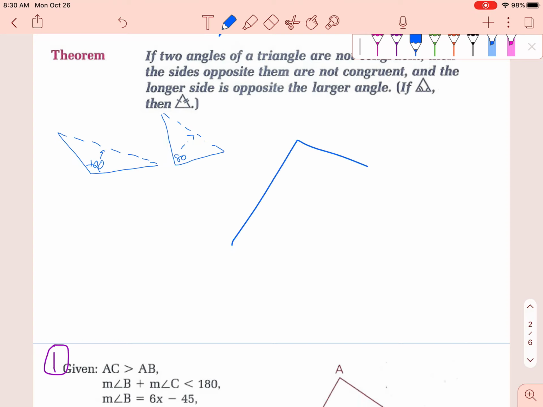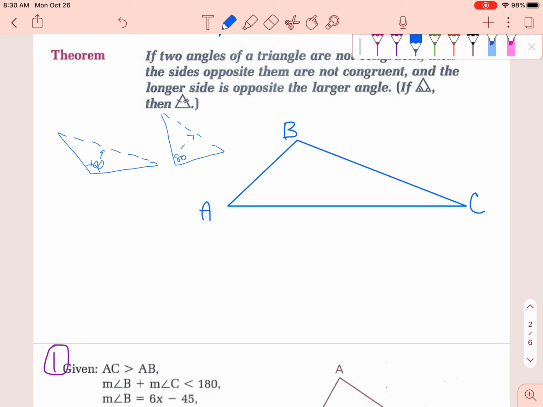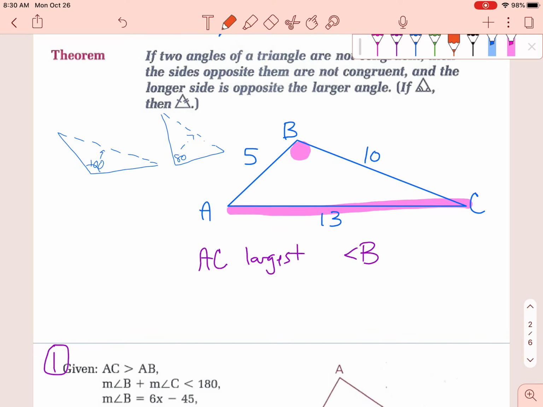If I were to draw a triangle, again kind of obscure, with A, B, and C, we'll do 5, 10, and 13. So here's my triangle. I see the biggest side is AC, which means the biggest angle is opposite that, which is angle B. So AC is the largest, which means angle B is the largest.